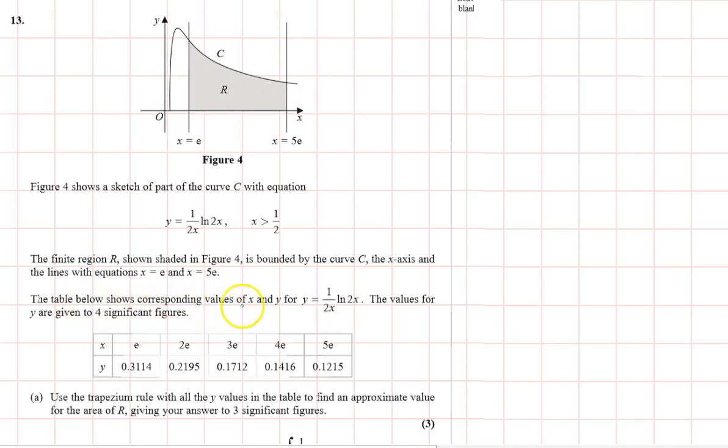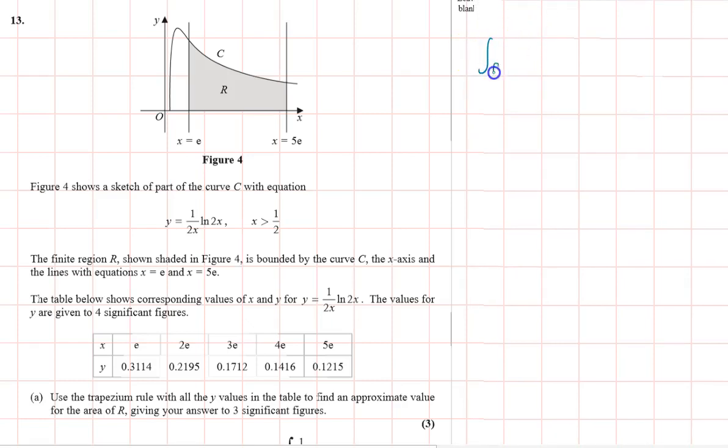The table below shows the corresponding values of x and y. The values of y are given to 4 significant figures. Use the trapezium rule with all y values in the table to find the approximate value of the area of R, giving your answer to 3 significant figures.